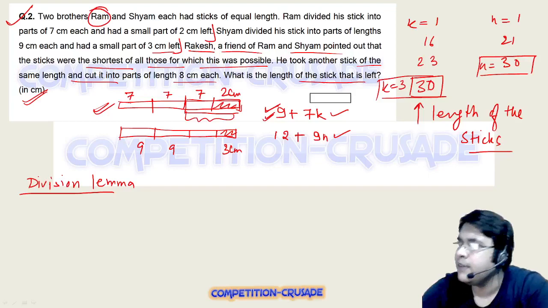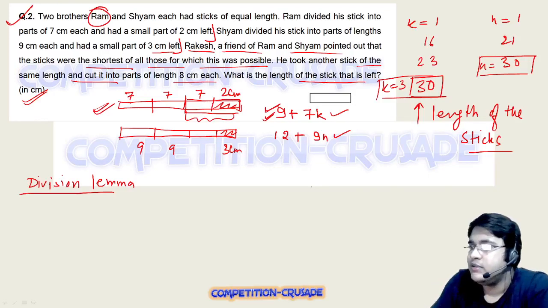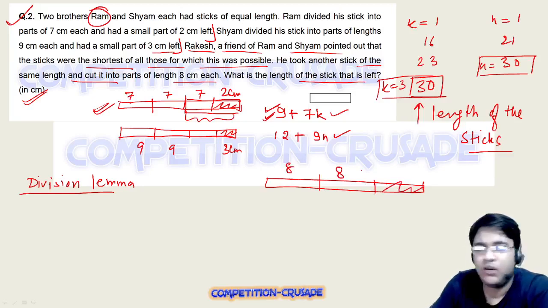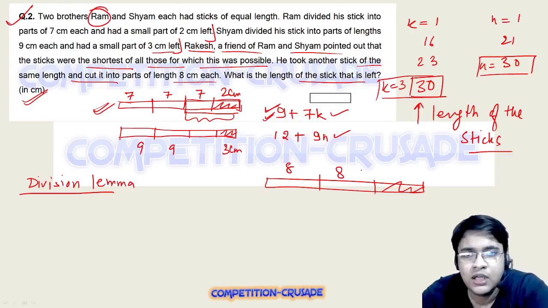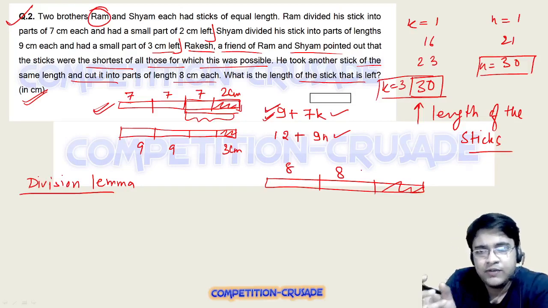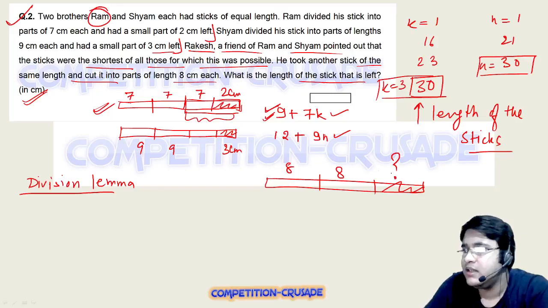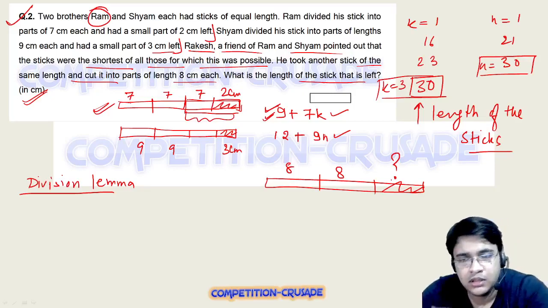The idea is that Rakesh is also cutting the sticks in 8, and something is also left for Rakesh. For Ram it was 2 centimeter, for Sham it was 3 centimeter. Our question is, what is the length for Rakesh?